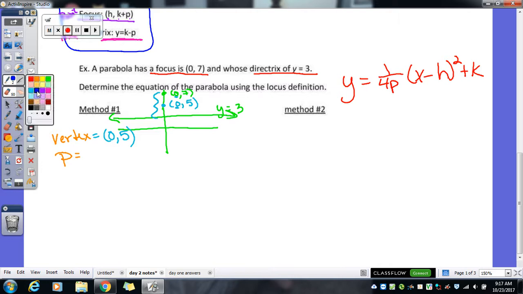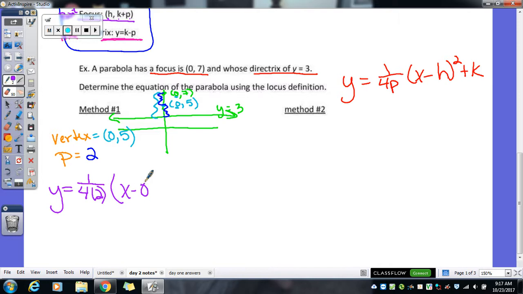So now our p value is the distance between the focus and the vertex, so our p is a 2. It's also the same distance from your vertex to your directrix, so it really doesn't matter which one you use. It's always going to be the same distance. So now we can plug it in. Y equals 1 over 4 times 2, because our p value is a 2.